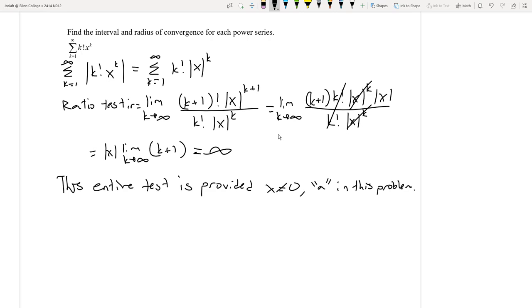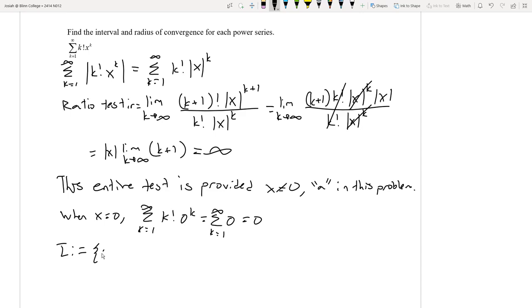So when x is equal to 0, as I said, we get k factorial times 0 to the k, which is just the sum from k equals 1 to infinity of 0, which is 0. So our interval of convergence only contains 0.